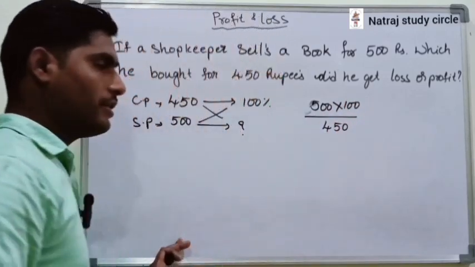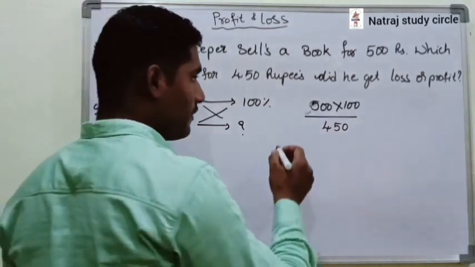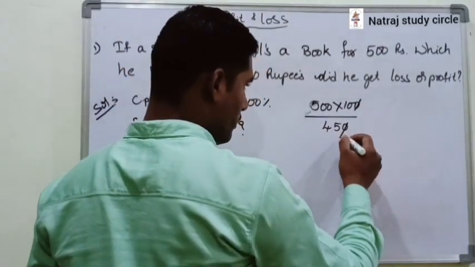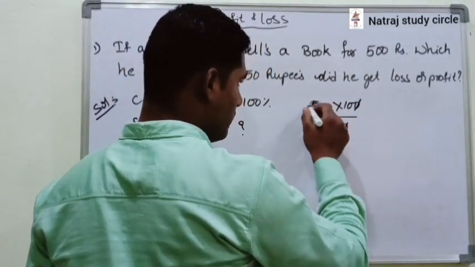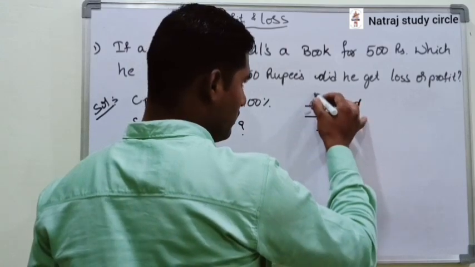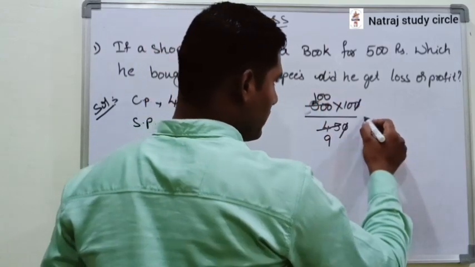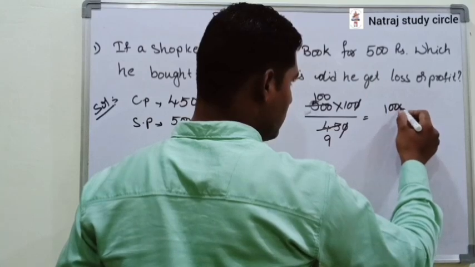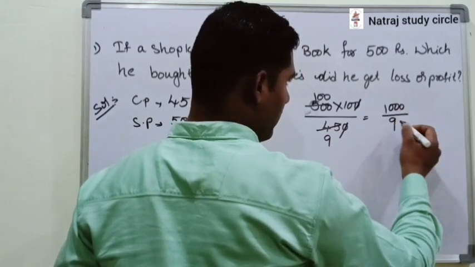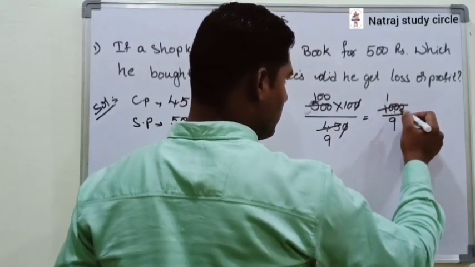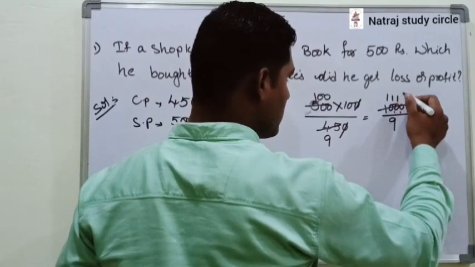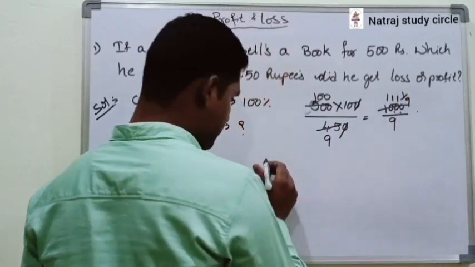Cancelling zeros, 5 nines are 45, so 500 by 450 gives 1000 divided by 9, which is 111 1 by 9.